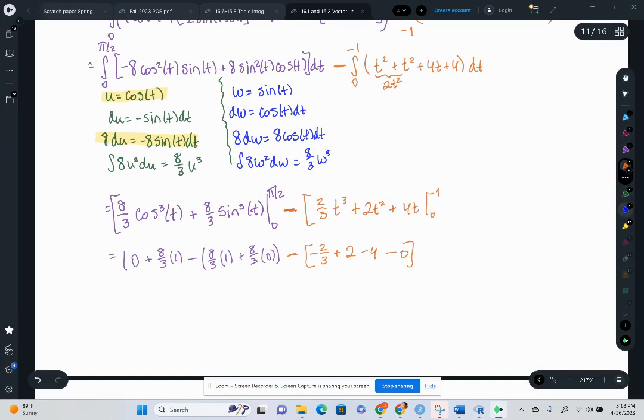Finally, what we get is 8/3 minus 8/3 minus, and then inside here I have a negative 2/3, a 2, and a minus 4. So that becomes a negative 2/3 and then a minus 2.